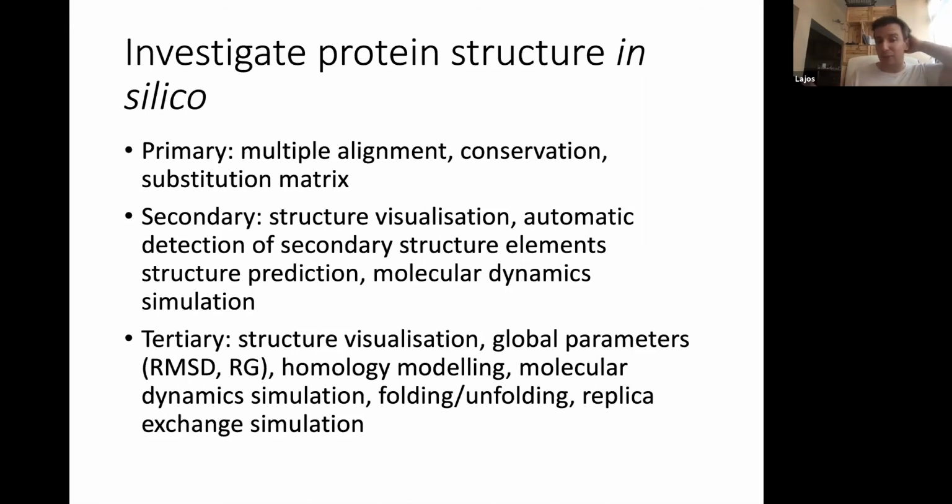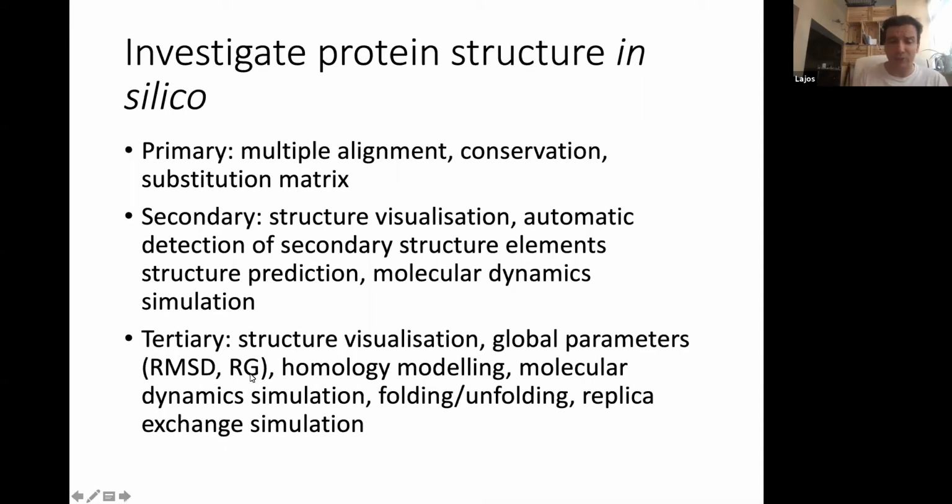So this RMSD, of course, increases dramatically if you, for example, start unfolding a protein. So if you heat up a protein and it starts losing its globular structure, it's almost like exploding, then this RMSD will increase dramatically, because all the atoms will be far away from their original place or original environment.